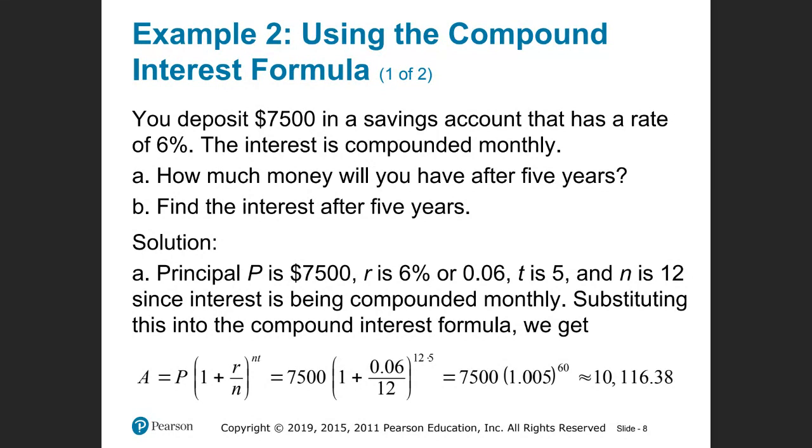Substituting this into the compound interest formula down here, we end up with 7,500, which is P. We've got 1 plus the rate 0.06 over 12, which is N because we're compounding monthly. This is all inside the parentheses.